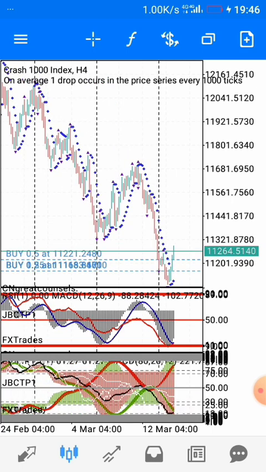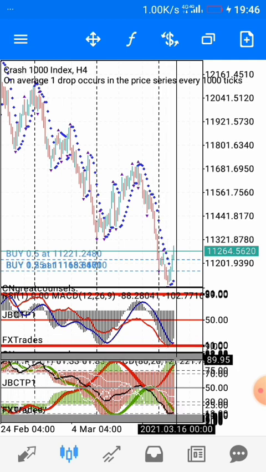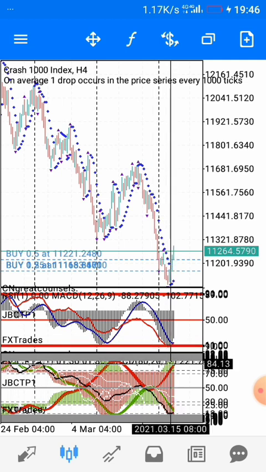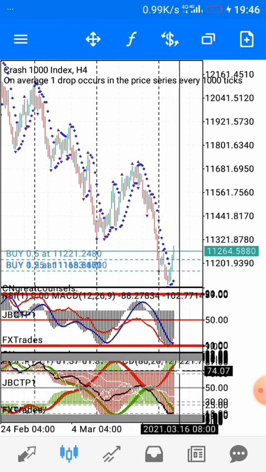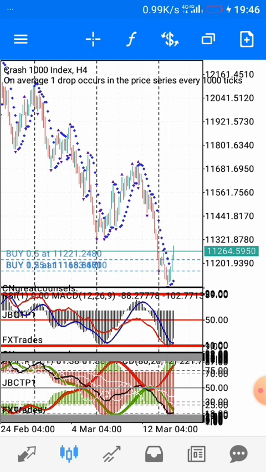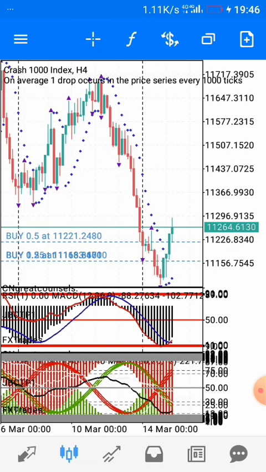Then you zoom back to this level, and the second condition on the second indicator window is that the green MACD signal lines must all be at the oversold level. They must be at the oversold level, and you can place your trade.